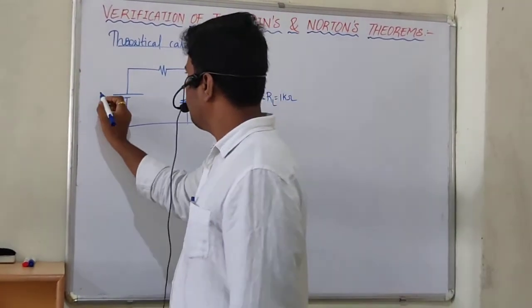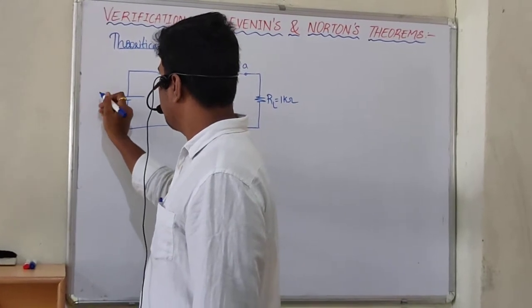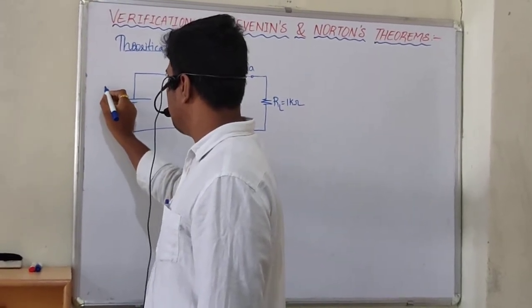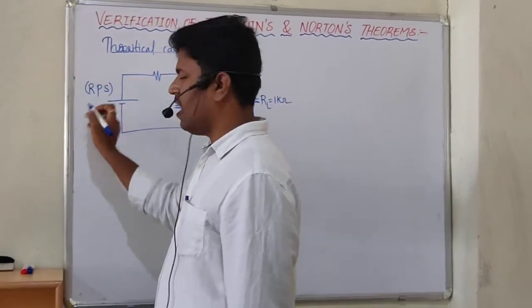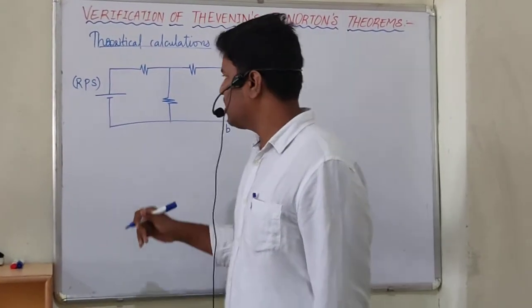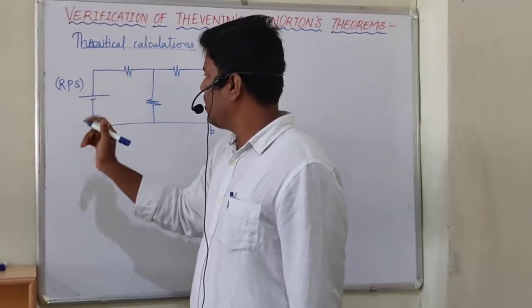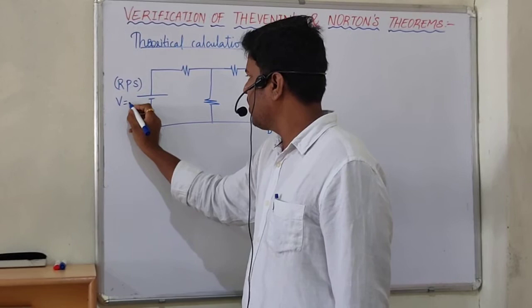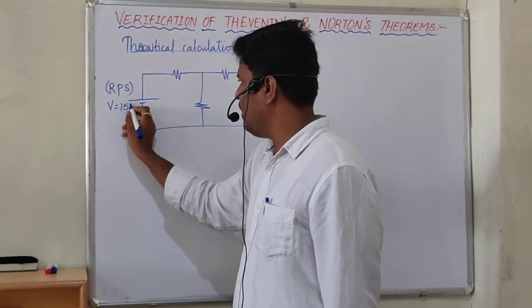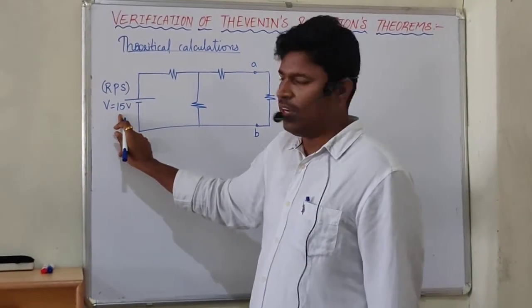This is voltage source. Generally we will be taking from RPS. This is V. For theoretical calculations, we will do for voltage 15 volts.